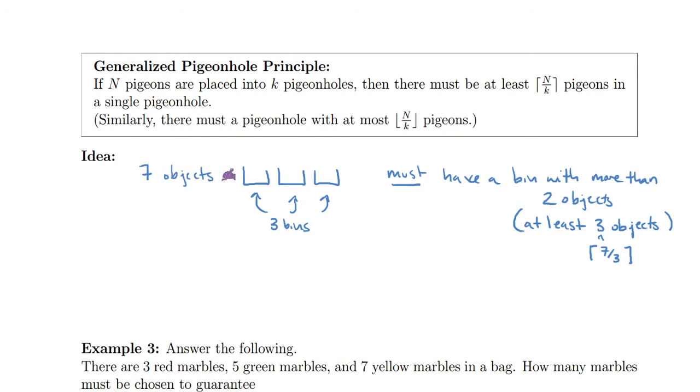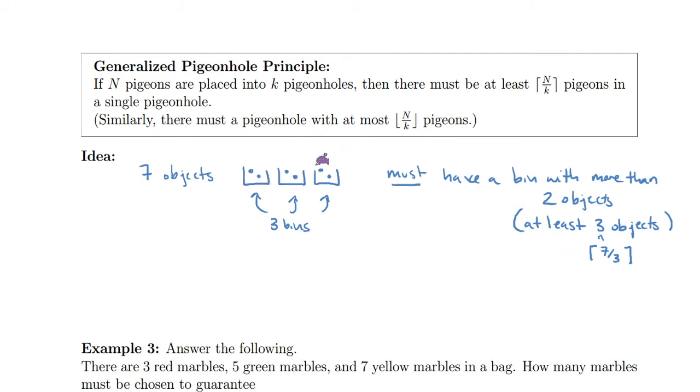So if I have 7 objects and I start to place these in these bins, I start adding these in, and I reach sort of a critical situation where I have 2 in each bin, all right? But as soon as I get to the 7th object and I have to put it in one of the bins, no matter where I put it, I will be forced to have at least 3 objects in the bin.